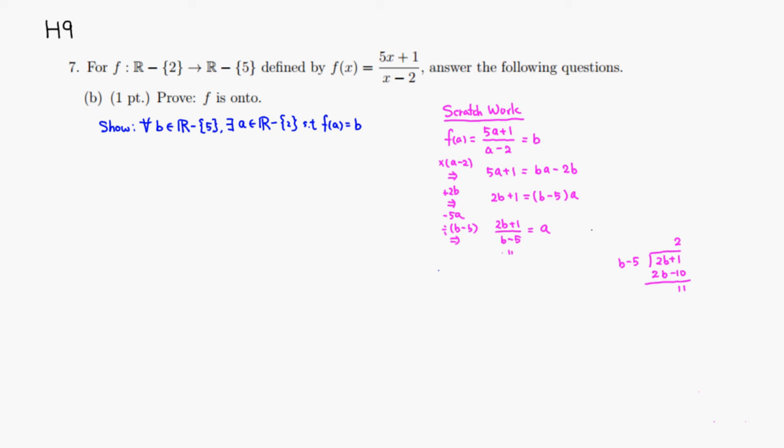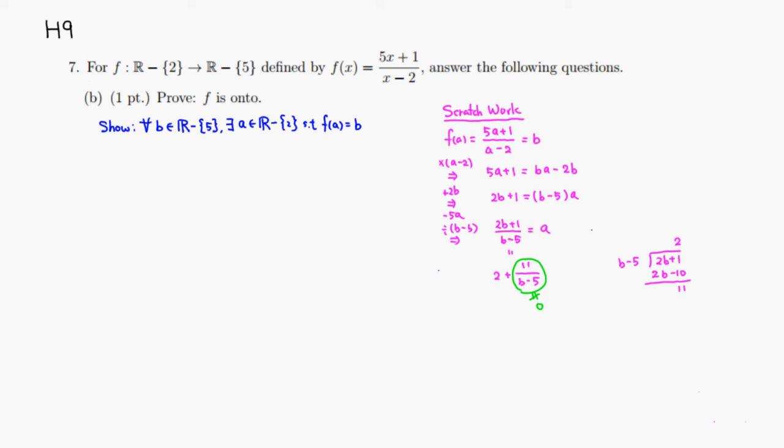So this can be written as 2 plus the remainder 11 over the divisor b minus 5. So it's 2 plus something, and this something is never 0, which means that this quantity is never equal to 2. That's great. So let's go back to the proof.